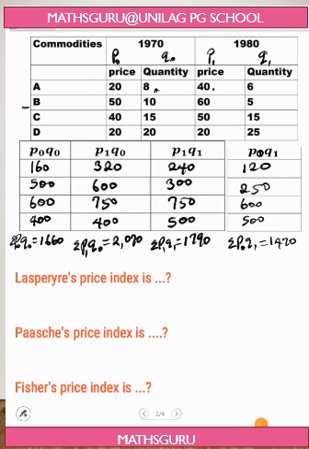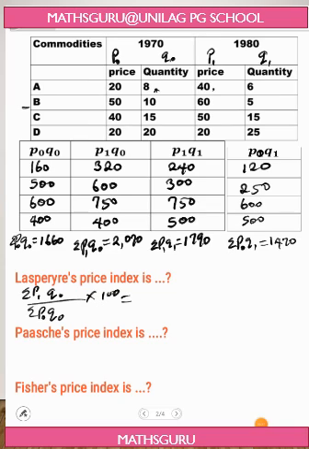Now let's go to the calculation proper. Remember, the Laspeyres' price index is given by summation P sub 1 Q sub 0 over summation P sub 0 Q sub 0 multiplied by 100. Now we're going to substitute.